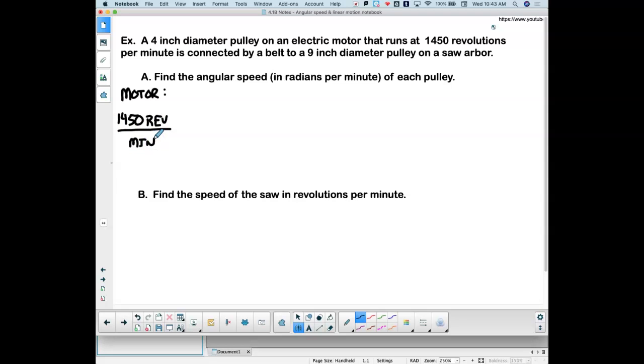Okay, so 1450 revolutions per minute is what it is going, right? So we want radians per minute on that one. So I'm already in minutes. So 1 revolution is 2 pi radians.